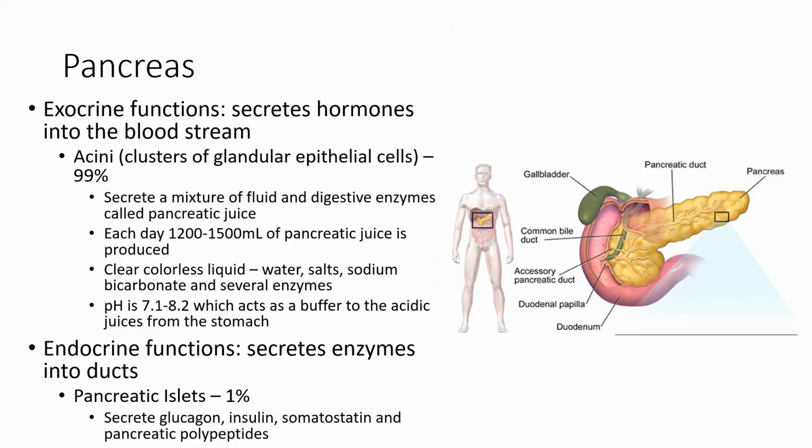All right, moving on to the pancreas. So we are going to talk more about the exocrine functions, which is going to be secreting hormones into the bloodstream. So these types of cells, these acini cells, are going to make up 99% of the pancreas, as opposed to the pancreatic islet cells, which are going to be 1% and serve for endocrine functions, such as secreting enzymes into various ducts.